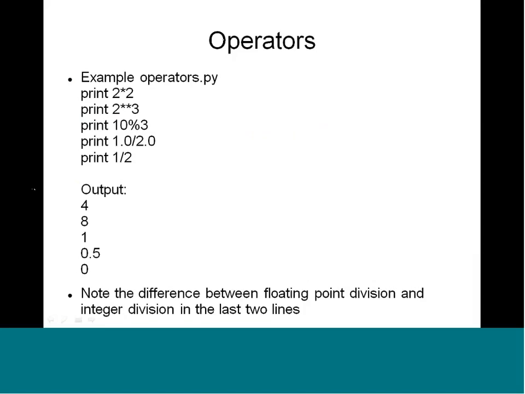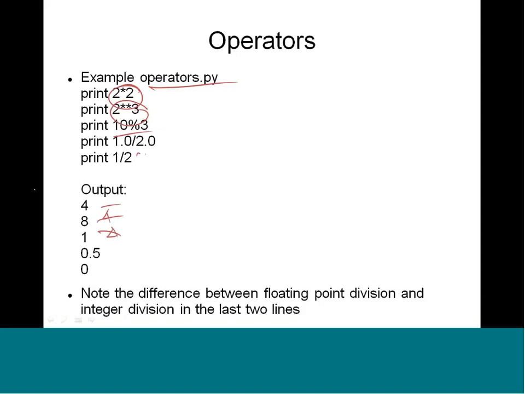Here is another example, known as the operators in Python. You know what 2 times 2 is, so it's 4. Now if you do 2 star star 3, which is exponentiation, the result is 8. And if you do 10 modulo 3, the answer is 1.